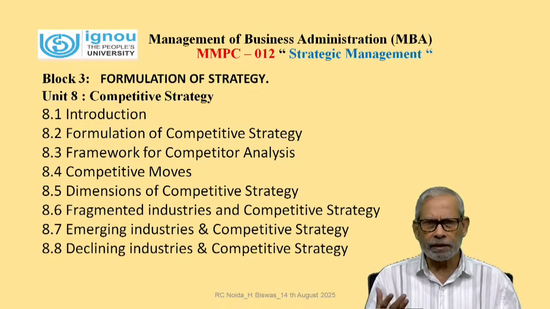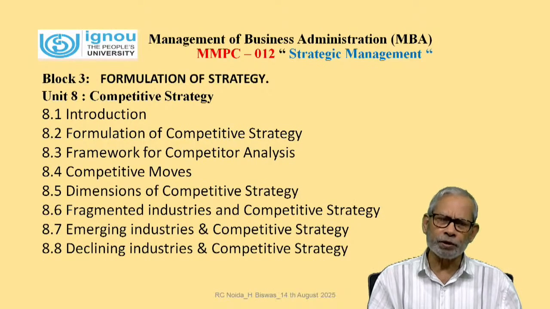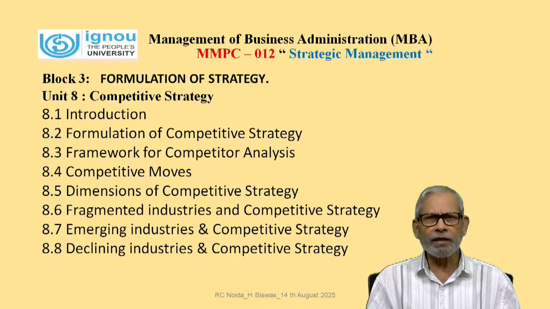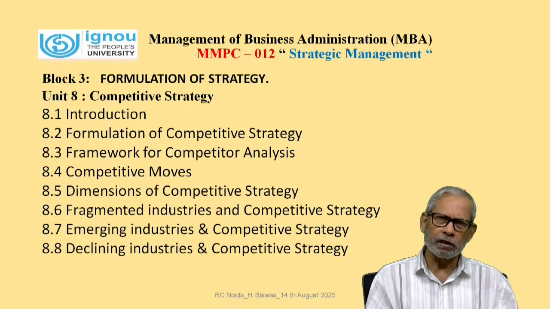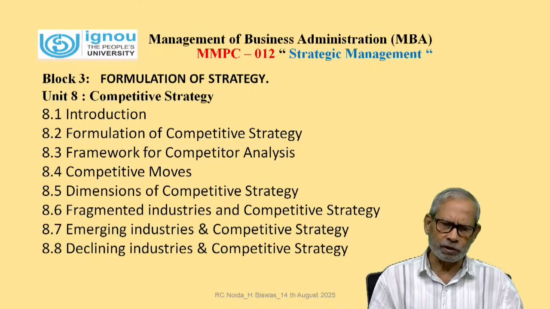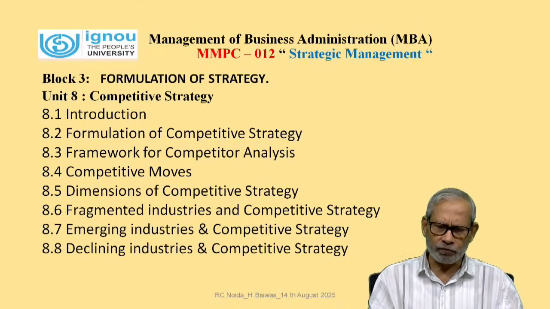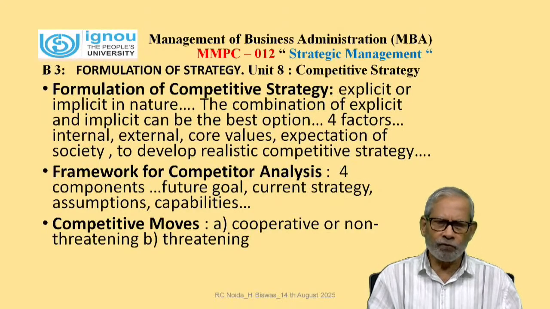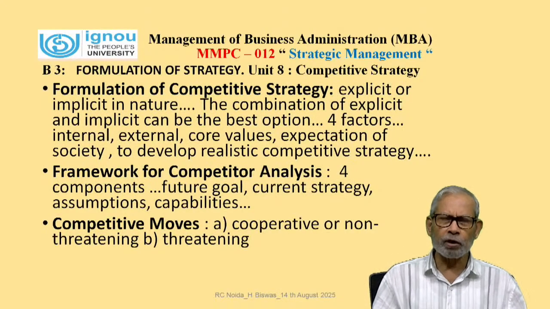Then fragmented industries and the competitive strategy, emerging industries, what the emerging parts are, and why the industry is declining, that part you also have to see, and that is the way you have to fix it. Now, the first thing is formulation of the competitive strategy.